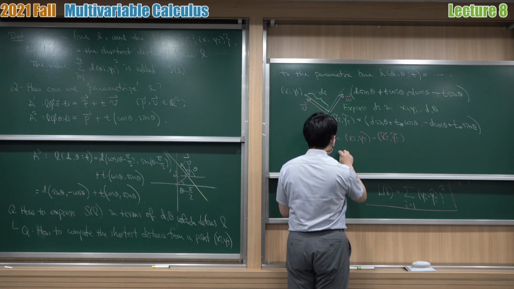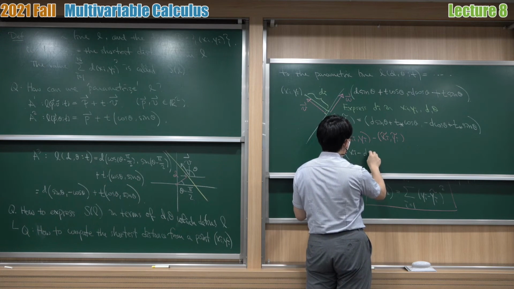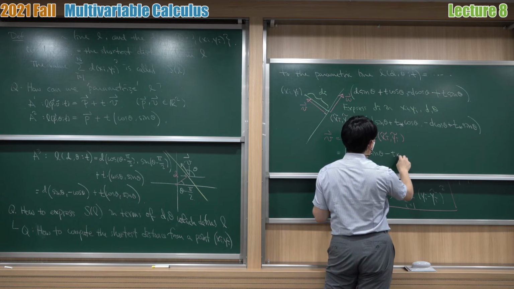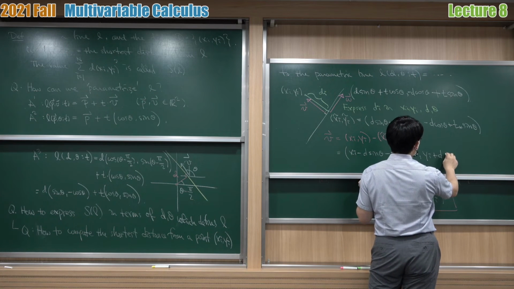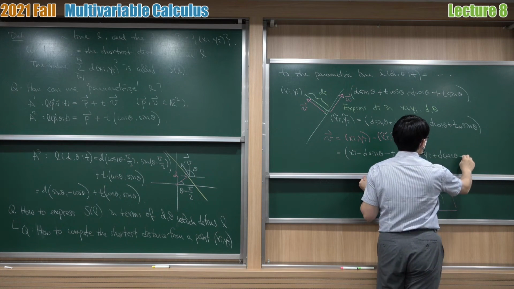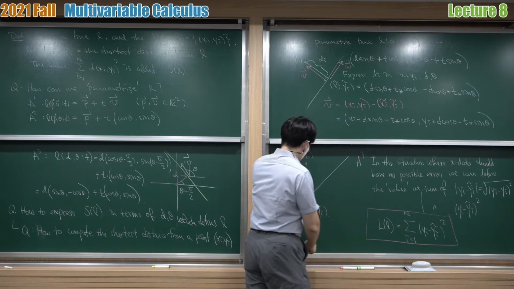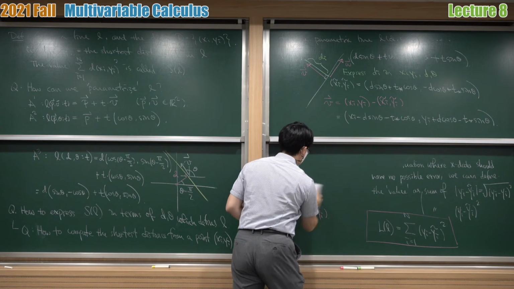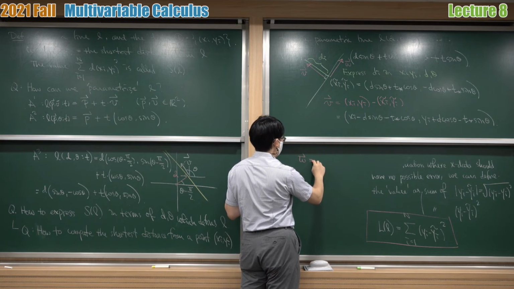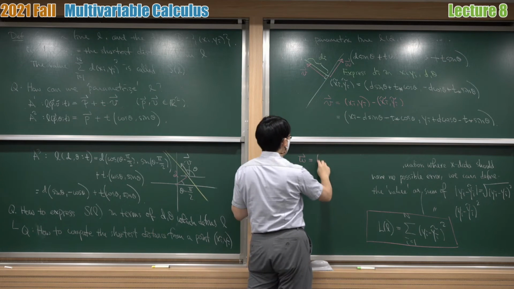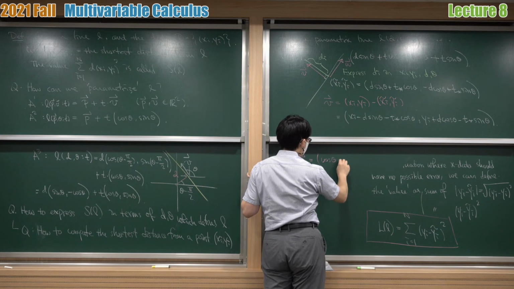So this is equal to xi, which is just a number, minus d sine theta minus t star cosine theta, and yi minus minus d cosine theta minus t star sine theta. Okay. How about W? What's W? Right. It's just the direction vector. It doesn't matter if I took this direction or that direction. So just take the cosine and sine.